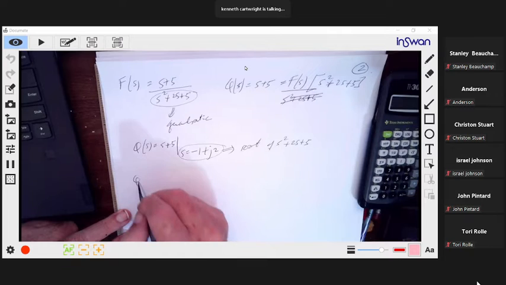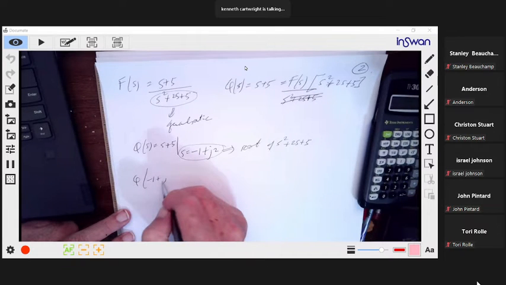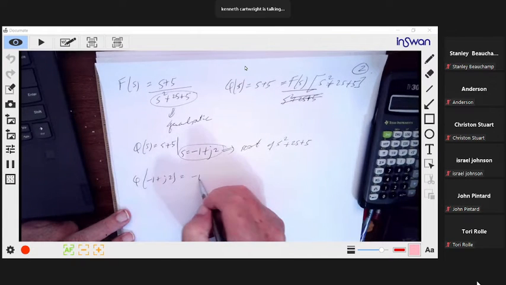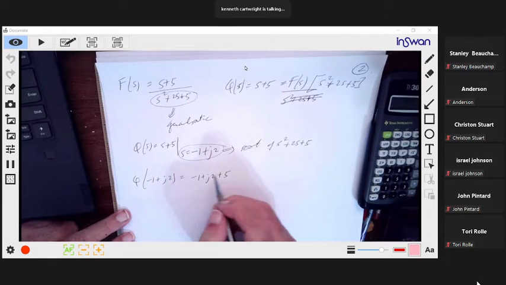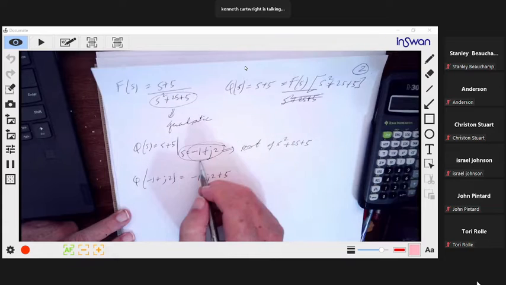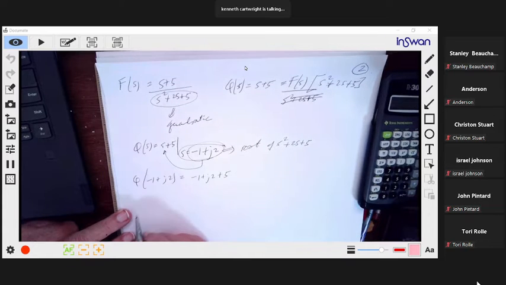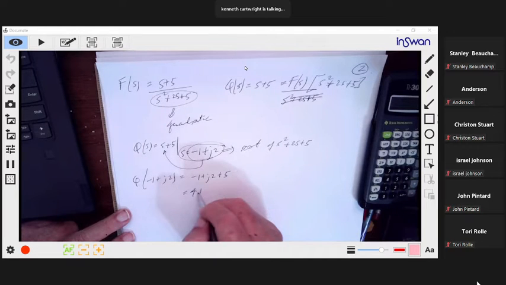So we say this is q of -1 plus j2, which is -1 plus j2 plus 5. That's just substituting this into s. And that, of course, is 4 plus j2.